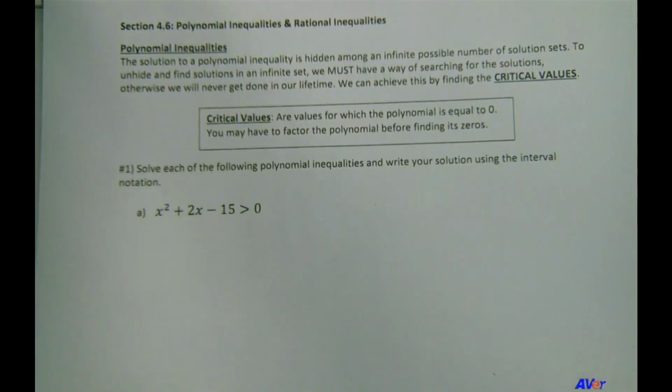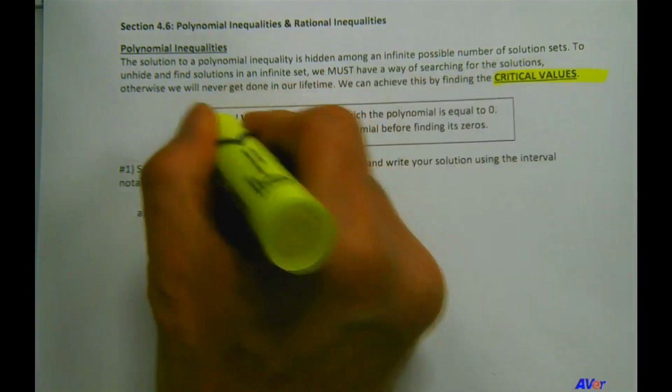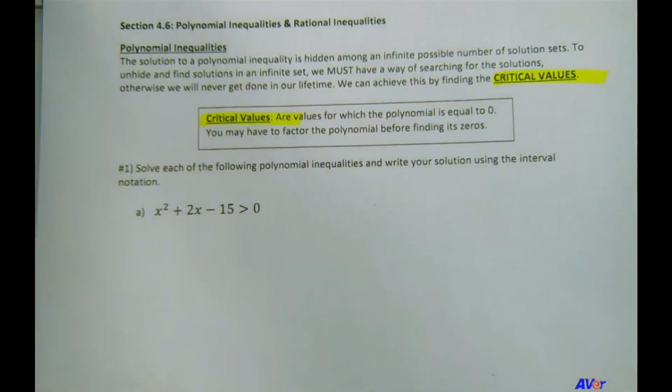Okay, having said that, those boundary solutions that I just spoke to you about, the author of your book calls them critical values. So I'm also using that term to make sure that you are familiar with both kinds of terminology. Critical values are the same thing as boundary solutions, no different.